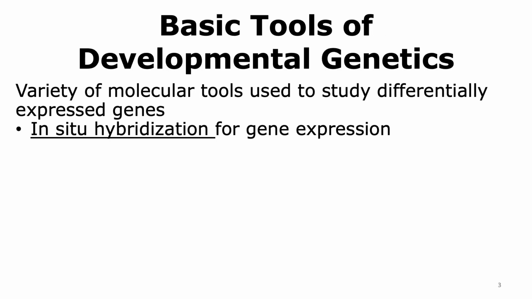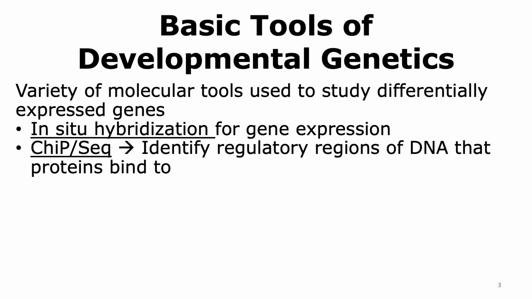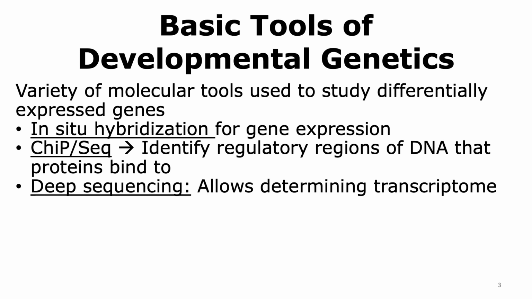There are a variety of tools that are available to enable us to study differentially expressed genes. Some of these tools include in situ hybridization that is used to study gene expression, while ChIP sequencing is used to identify regulatory regions of the DNA that proteins are able to bind to. We also have techniques like deep sequencing that provides us with information on the transcriptome.